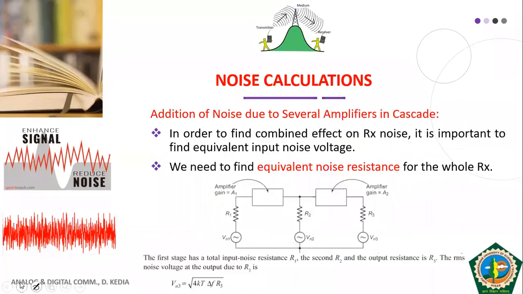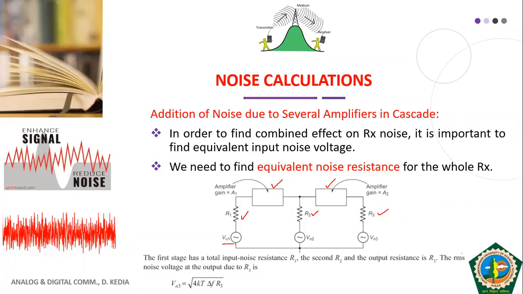Next. How do we calculate noise when we have several amplifiers in cascade? That is also a very important point. Like if we have two amplifiers, one amplifier having gain A1, another amplifier having gain A2. Here R1 is the input resistance of amplifier 1, R2 is the resistance of amplifier 2, and R3 is the output resistance.